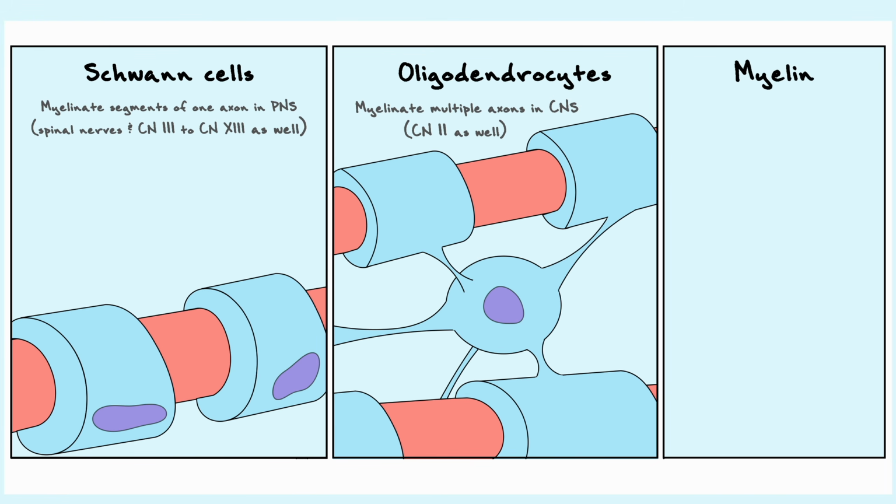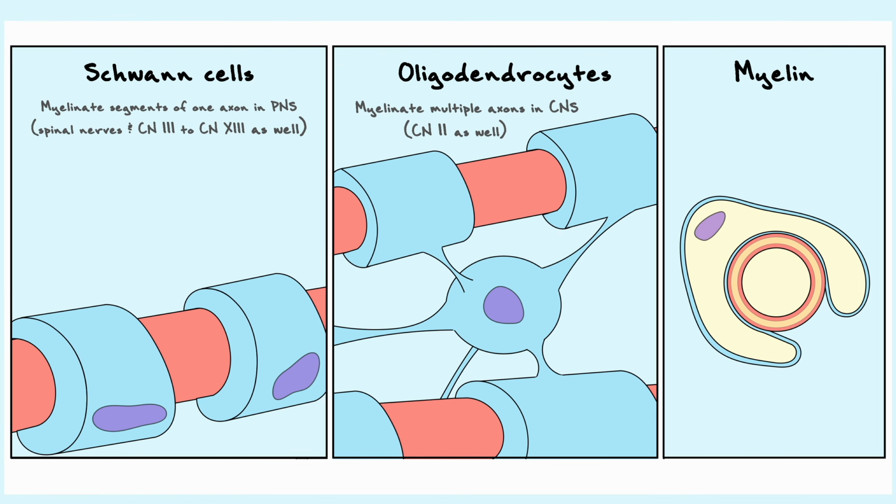To understand what myelin is, we can consider its formation. If we take Schwann cells, for example, and we look at the cross-section of an axon, the formation of myelin sheets begins when the Schwann cell starts wrapping around the axon. Like any other cell, the Schwann cell has a cytoplasm and a nucleus.